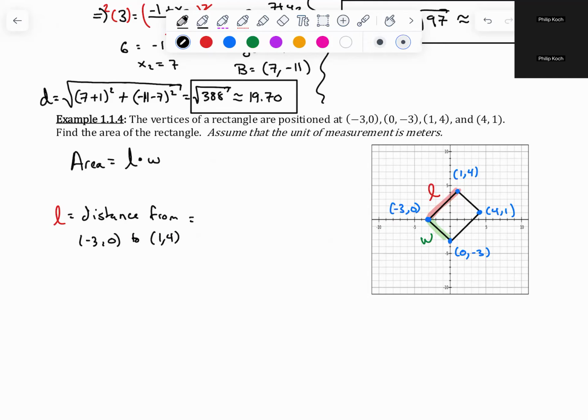In this case, this is my x sub 1, y sub 1, and this is my x sub 2, y sub 2. But once again, it does not matter which one comes first. You could have just as easily made (1, 4) your x sub 1, y sub 1 instead. Either way, you should get the square root of (1 minus -3, so 1 plus 3) squared, plus (4 minus 0) squared. And that'll equal the square root of 32.